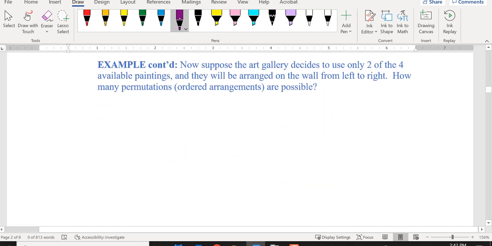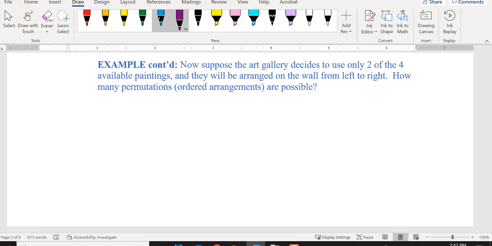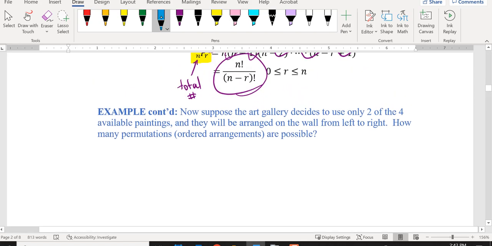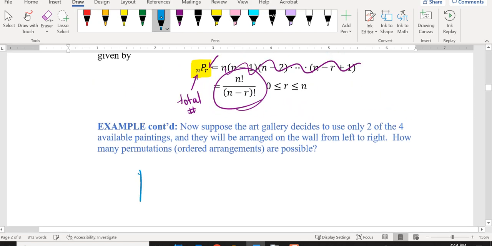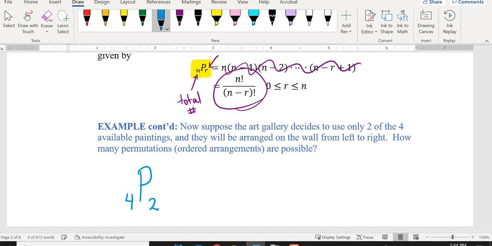All right, an example. Now suppose the art gallery decides to only use 2 of the 4 available paintings, and they will be arranged on the wall from left to right. How many ordered arrangements are possible? Okay, going from the theorem right up above, we want to do the permutation. We had 4 paintings, but we only want to choose 2 of them.